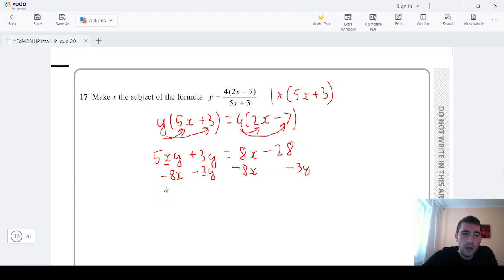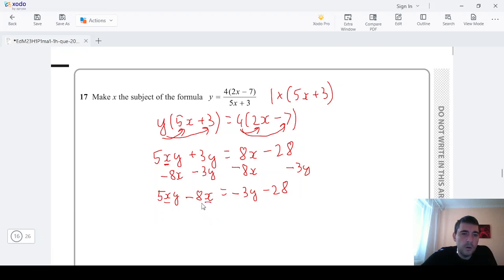Okay, so our equation becomes to 5xy minus 8x, so there's no more 3y over there, equals minus 3y minus 28. Okay, so now most of the work is done.